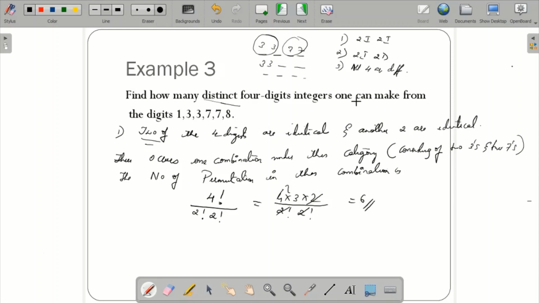So this 6 is the number of possibilities when you have two identical integers and another two identical integers.